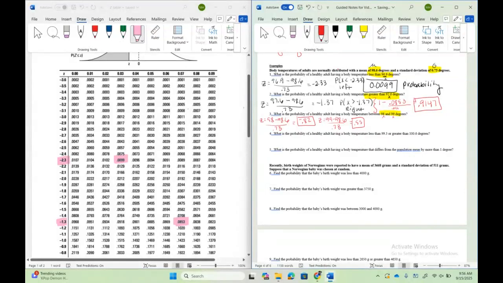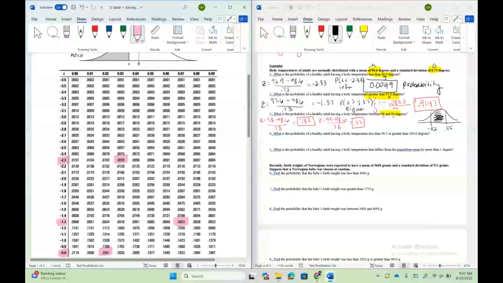What I need to do is find the area between these two z-scores. So I have negative 0.82 and I have 0.55, and I need to find this area. Let's find the area to the left of negative 0.82. That's 0.2061.